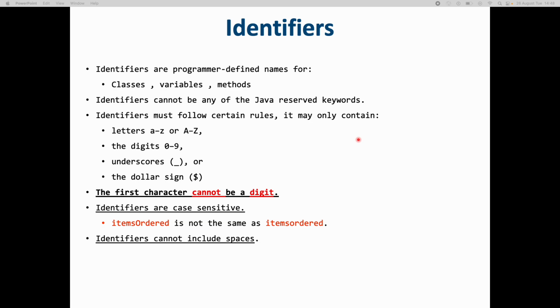Identifiers are case sensitive, so if you write everything in uppercase and lowercase, they will be different variables. Uppercase A and lowercase a are, from a Java perspective, completely different variables. And you cannot put spaces in variable names.